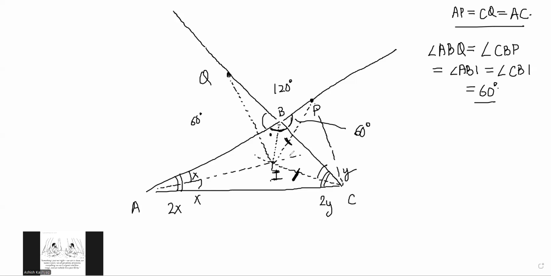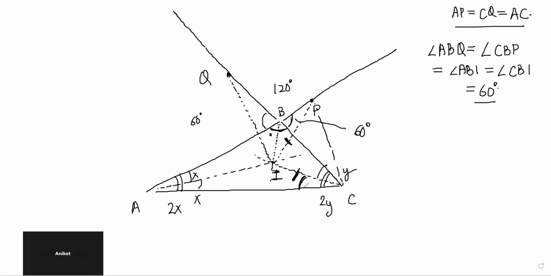We know angle ACI. If we take angle A as 2x, then it will be 60 minus 2x, half of which is 30 minus x. Angle ACI would be 30 minus x. Why is this angle 30 minus x?